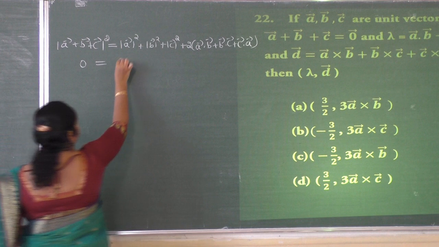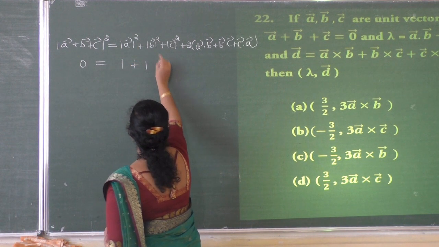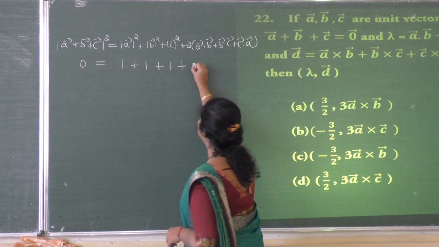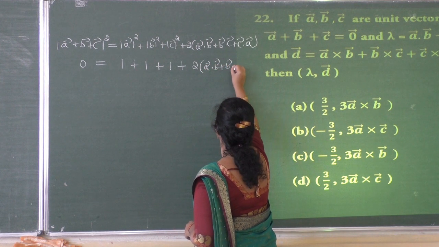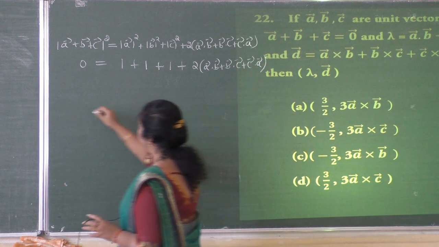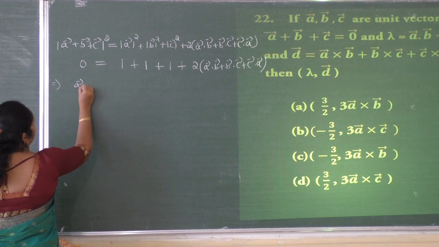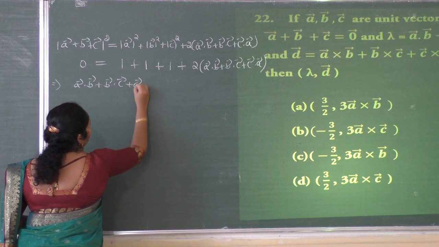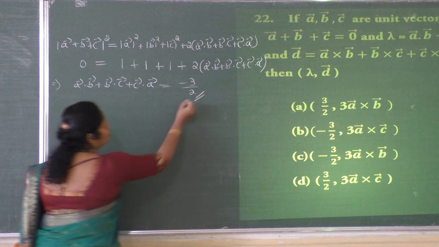Vector A is a unit vector, so the magnitude of vector A is 1 and its square is 1, the magnitude of vector B is also 1, the magnitude of vector C is also 1, plus 2 into vector A dot vector B plus vector B dot vector C plus vector C dot vector A. That implies vector A dot vector B plus vector B dot vector C plus vector C dot vector A is minus 3 by 2.